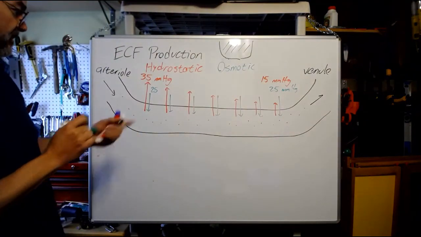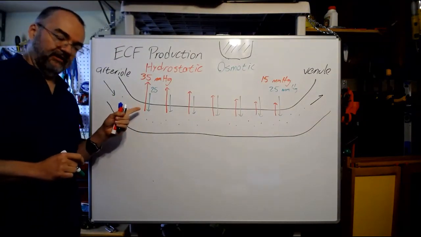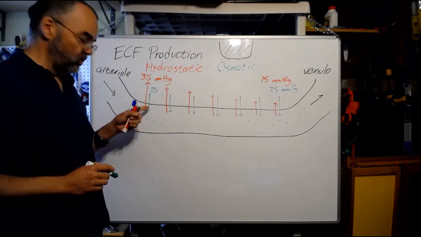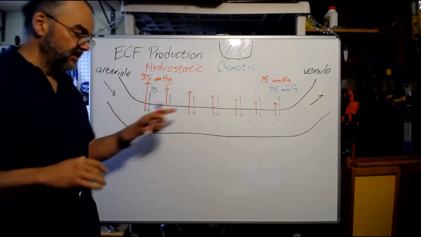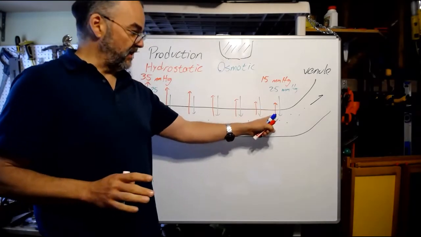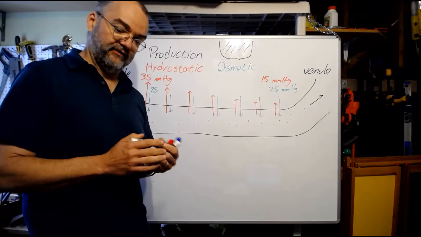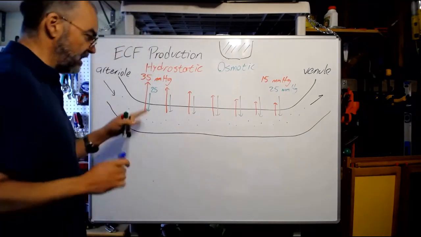So here on the arterial side of the capillary, we have outward forces of about 35 millimeters of mercury and inward forces of about 25. Here on the venous side, we've got outward forces of about 15 and inward forces of about 25. So let's look at how those are going to interact.